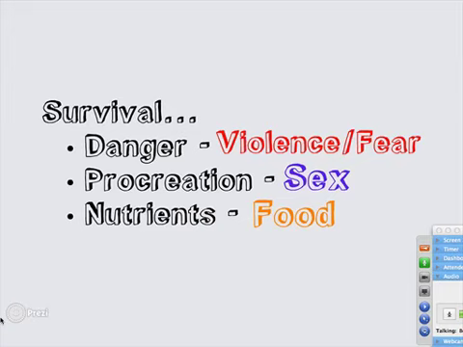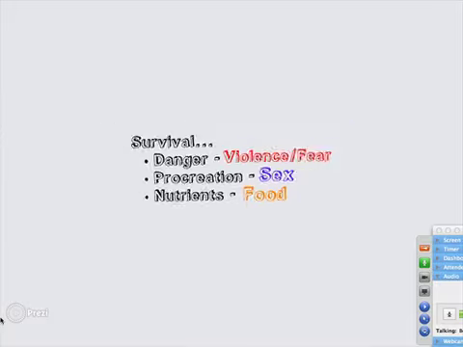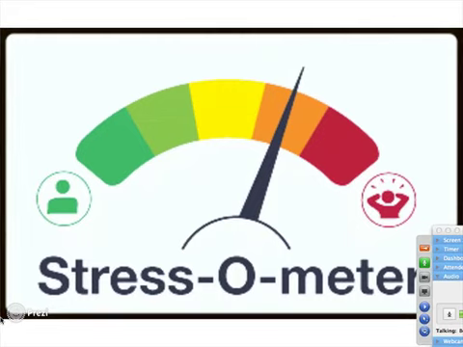So that helps explain why the primitive or primal part of the brain is something that we see so often in different media outlets. I'll show you an example in just a minute, but before we get there, touching back on that idea of fight or flight, what are your thoughts on the idea of stress?